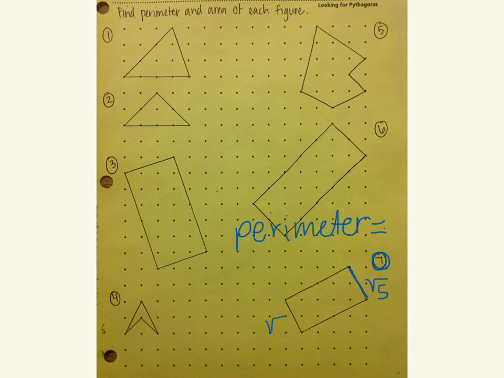So right now I see that those are both the value of square root of 5. And remember how I proved that by completing the square off the shape and seeing that the area of that entire shape is 5.